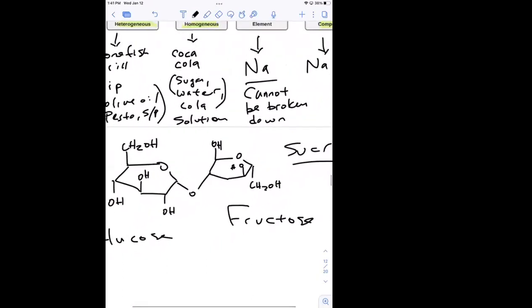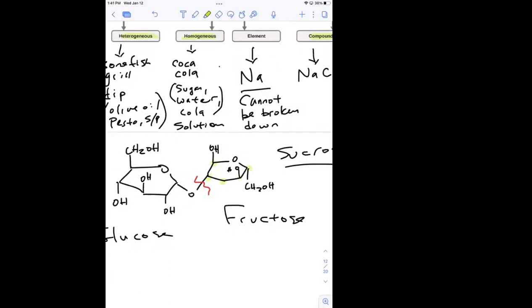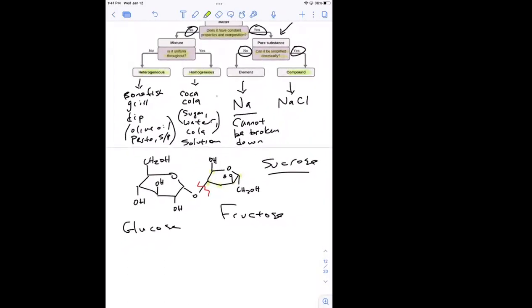You can break this down by breaking the bonds that are here. This bond right here. And every place where you see in the ring that's not indicated to be another atom, those are carbons, right? So you can break that carbon oxygen bond and break this down chemically. That's what it means to break a compound down chemically.